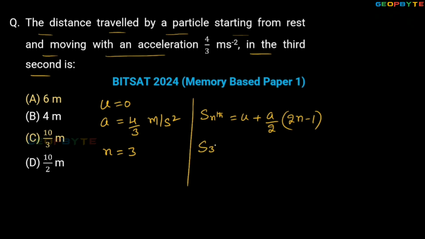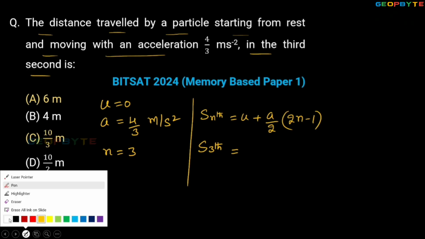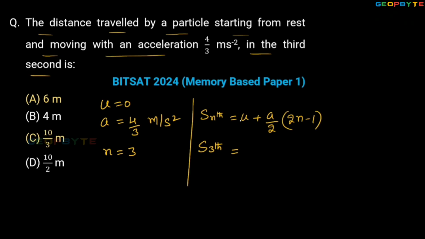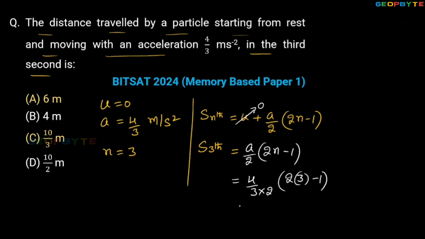Then distance traveled in the third second equal to, since the body is starting from rest, u equal to 0. It is equal to a by 2 into 2n minus 1. Here n equal to 3. It is equal to 4 by 3 divided by 2, into 2 into 3 minus 1. Simplify this value.